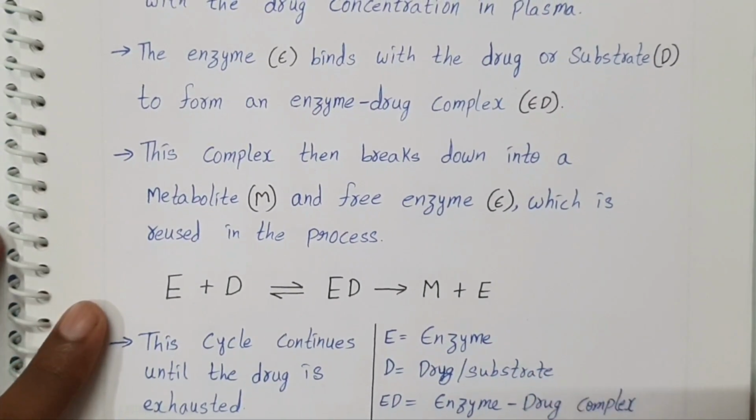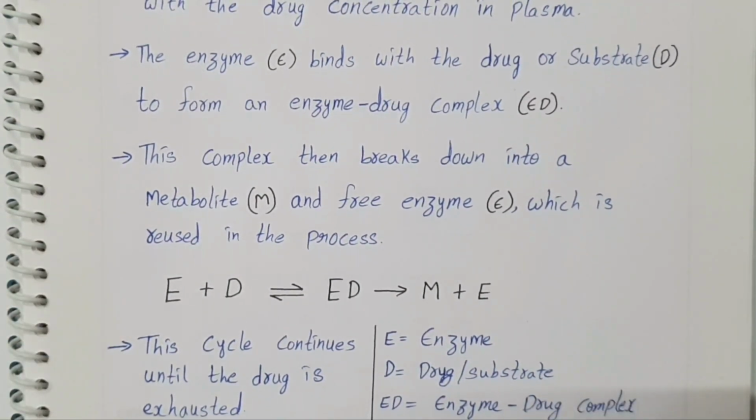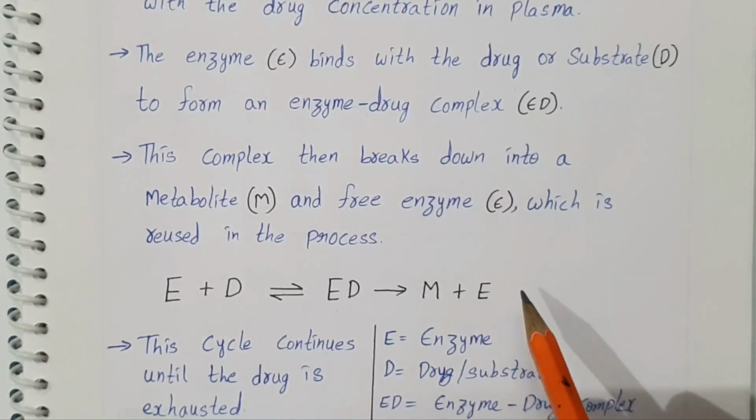Here is the story. You can see when a drug enters your body, it finds an enzyme. Think of the enzyme as a lock and the drug as a key. They form a temporary complex like a handshake and then break apart, forming metabolite and leaving the enzyme free to repeat the process.